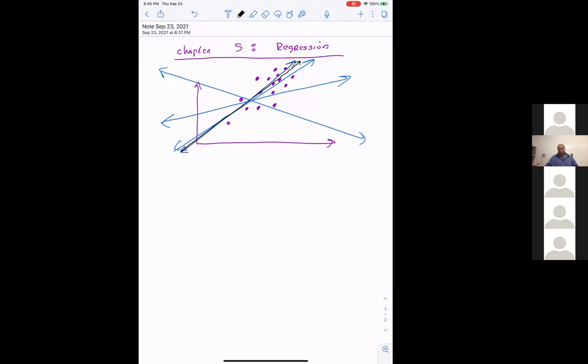What if I can draw more than one line that goes through the same number of points? How would I determine which one is better? Kind of like where most of them are, the direction of most of them, where they're more clustered around. Okay, that's great.